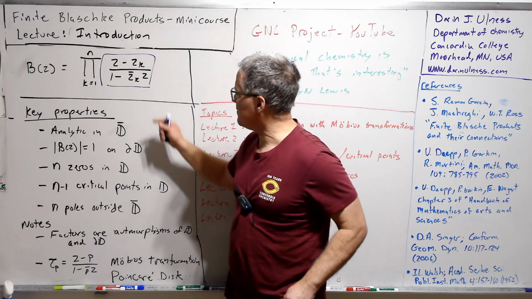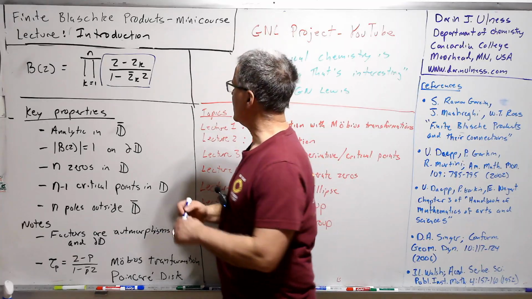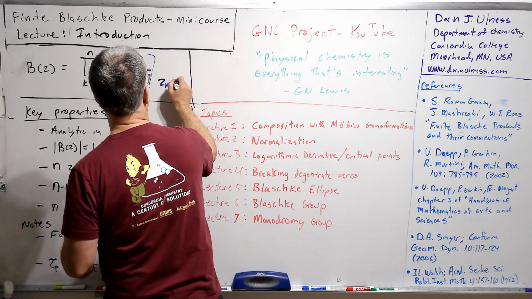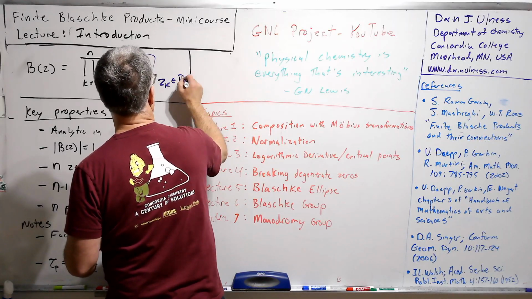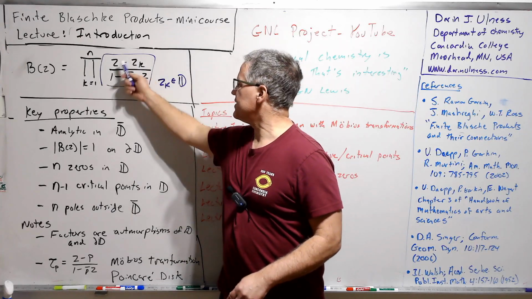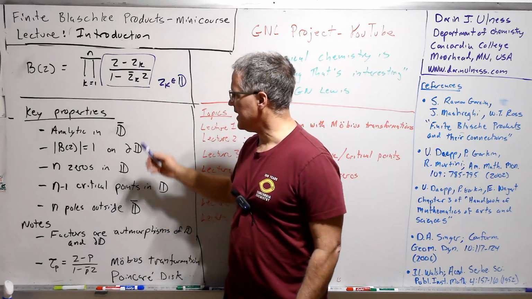So if zk is a member of the disk D, then this is an automorphism of the disk. Okay, so some of the key ideas.